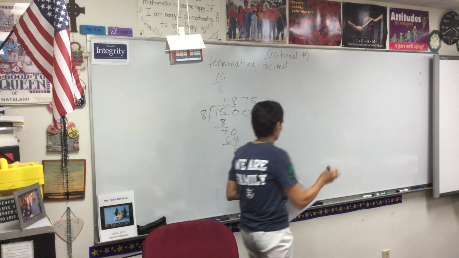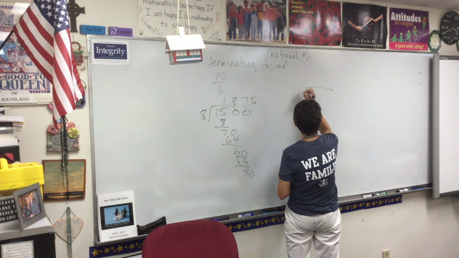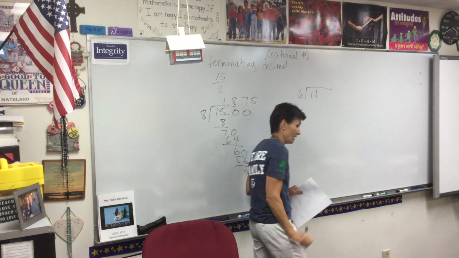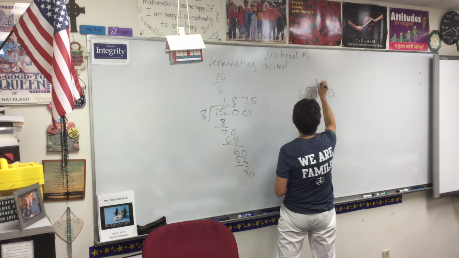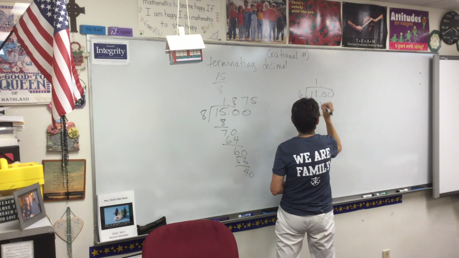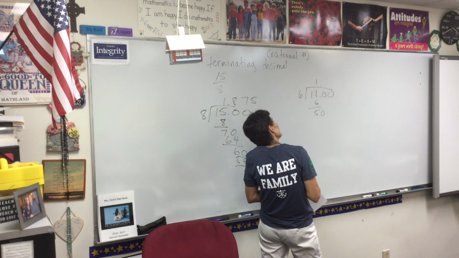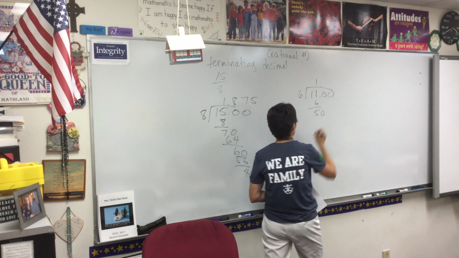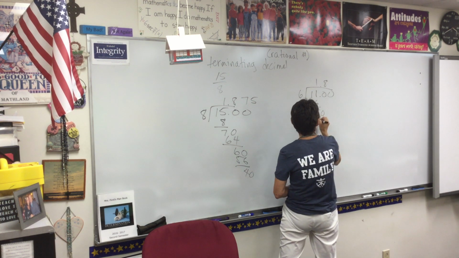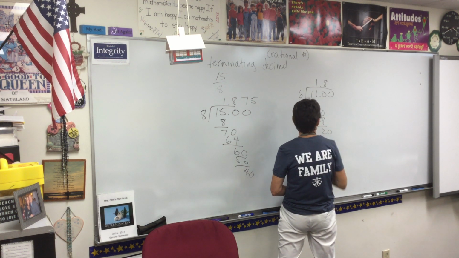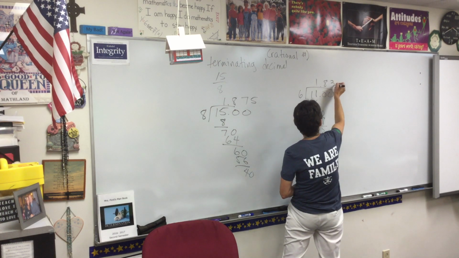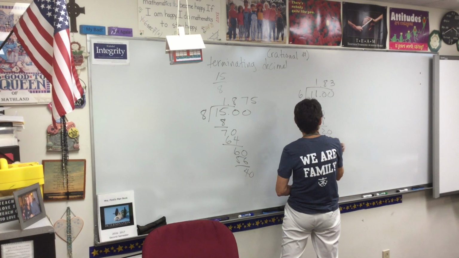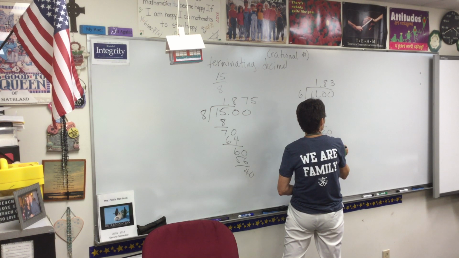All right, negative 11/6. Can I do the same thing? 11 divided by 6? Yeah. 6 into 50, 8? 6 into 20, 3? Uh-oh, this does not look good. What's going to happen?